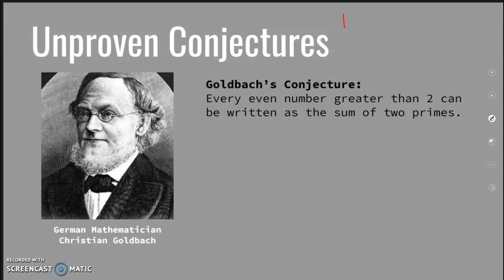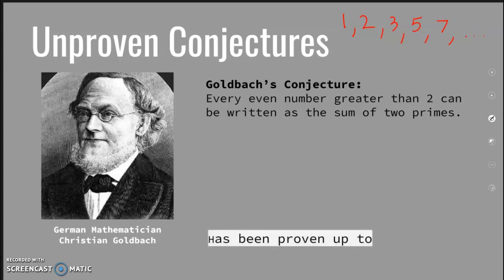So 1 is a prime number, 2 is a prime number, 3 is a prime number, 5 is a prime number, 7, and we could continue this list if we wanted to. Now, his conjecture has never been disproven, but it's also never been proven formally.